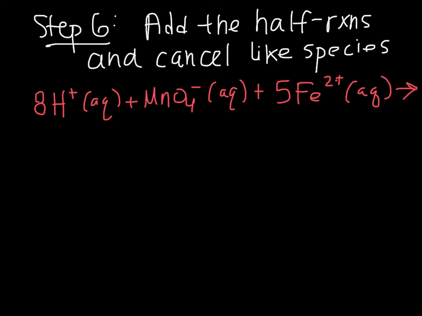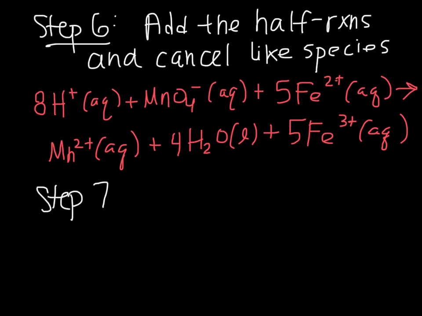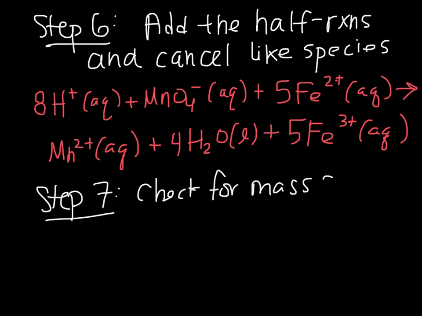And on the right-hand side, we have Mn2 plus aqueous plus 4 H2O and plus the 5 iron ions. So the final step is simply to check our work, and we want to check for mass and charge balance.